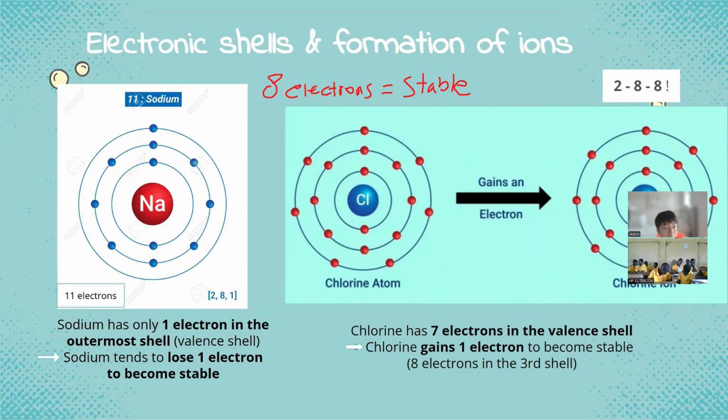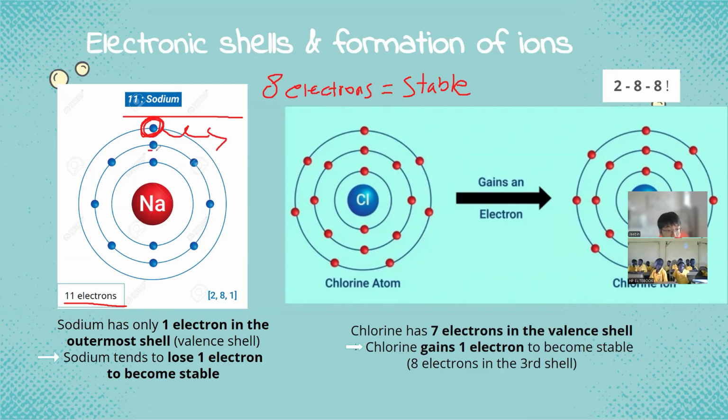But let's look at sodium, for example. You can see it has 11 electrons. And do you see this extra electron on the third shell? This one? Sodium doesn't want that. Sodium wants this electron out. Why?